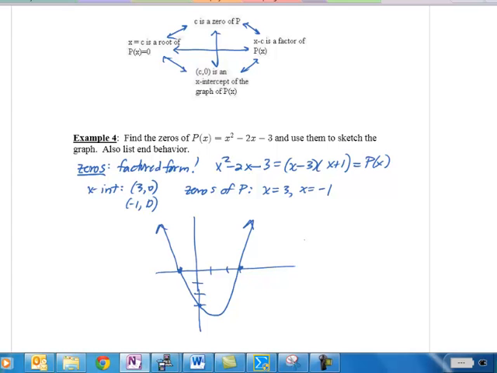And the end behavior, we can say, using those symbols, the function is going to infinity as x goes to the left, and the function is going to infinity as x goes to the right. So as we move left or as we move right, the function is going up without bound.